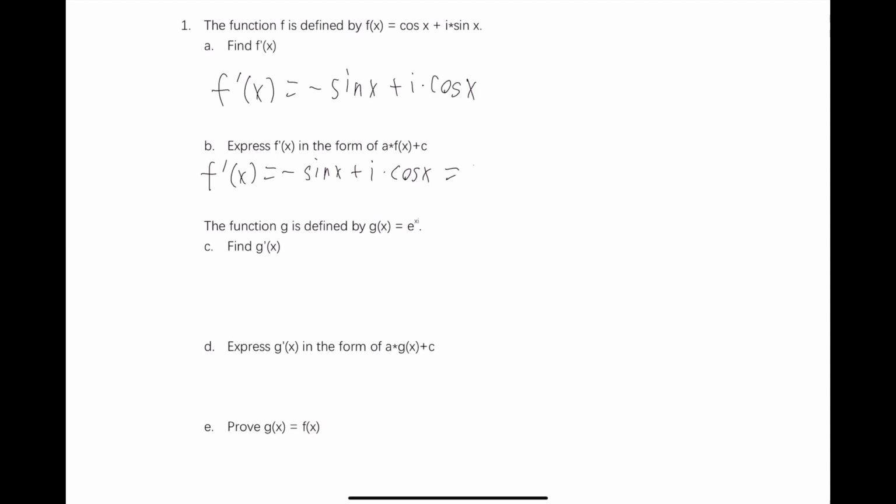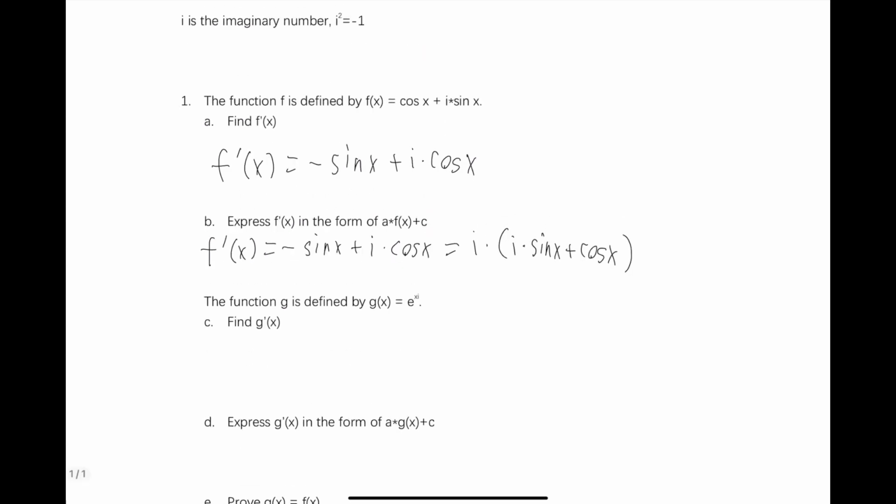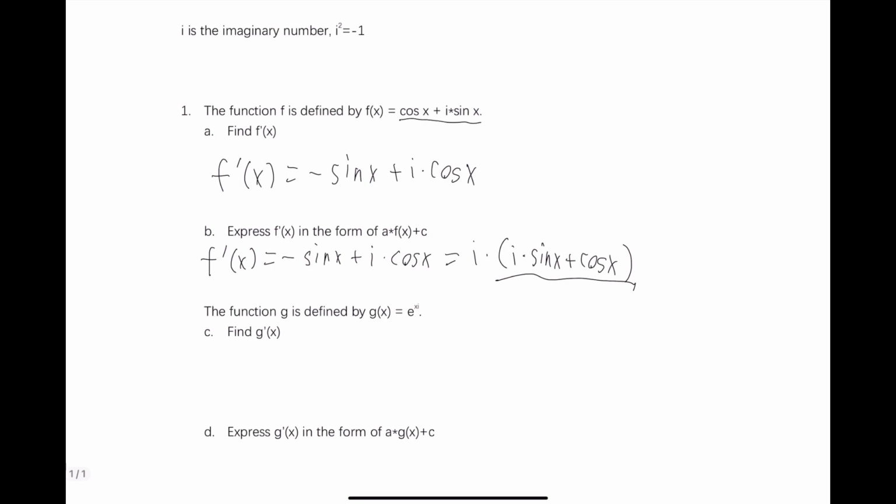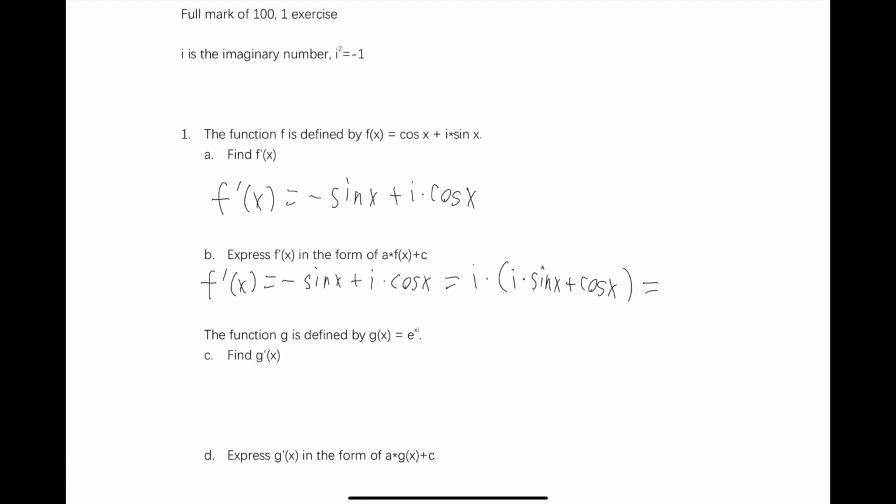We take one i out, so one i remains, times sine x plus cosine x. The center part here is exactly the same as f(x). I'm going to erase the lines. So it equals i times f(x), and a equals i and c equals 0.